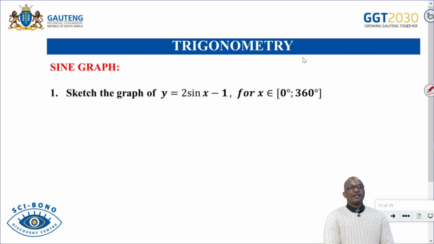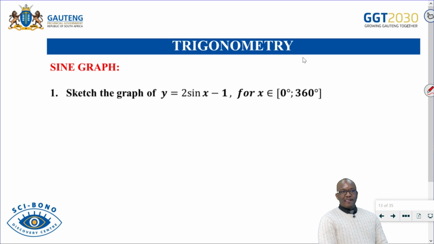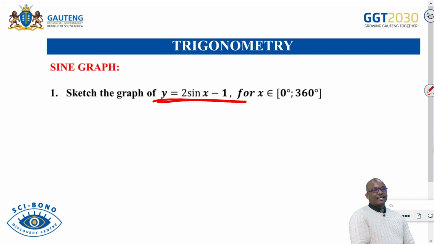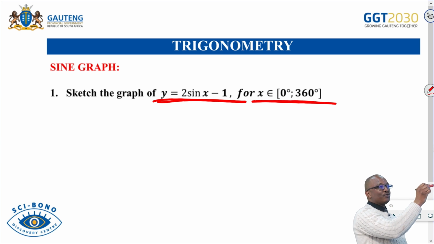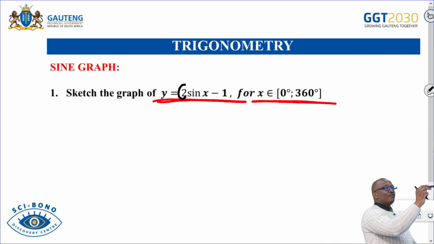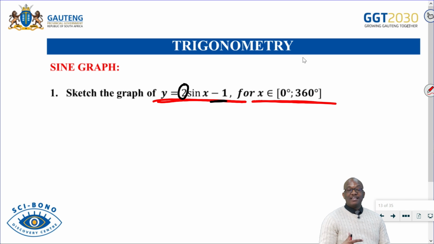Then moving forward now, we're going back to the graph of sine. But now we have y is equal to 2 sine x minus 1, and we must sketch it from 0 to 360. We can see that the value of a is 2, and the value of q is -1. It means we are having the effect of a and q.